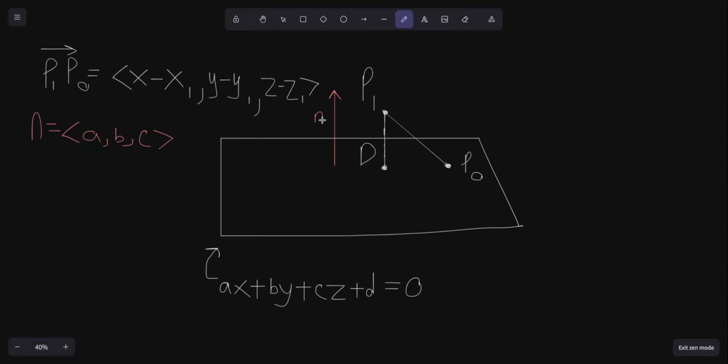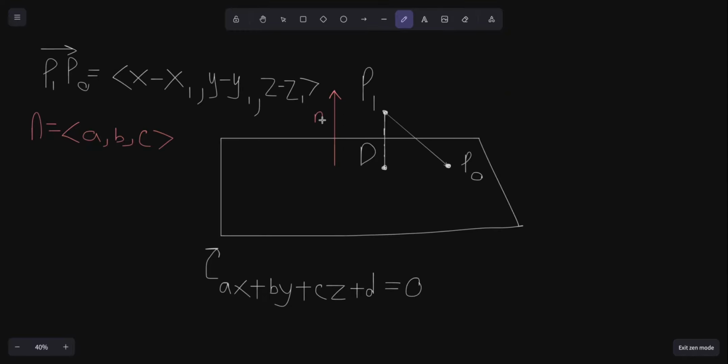Imagine if this was the normal vector, and then this is the vector from P1 to P0. The projection of this vector onto this vector, well, that's just going to give us this distance right over here.